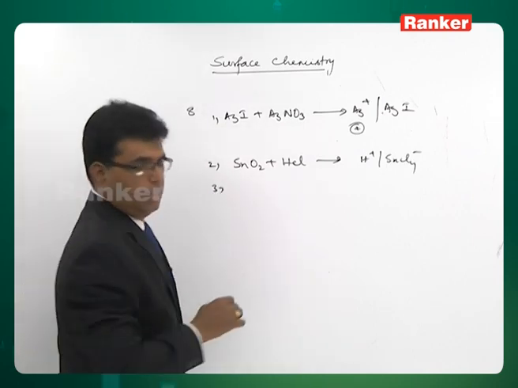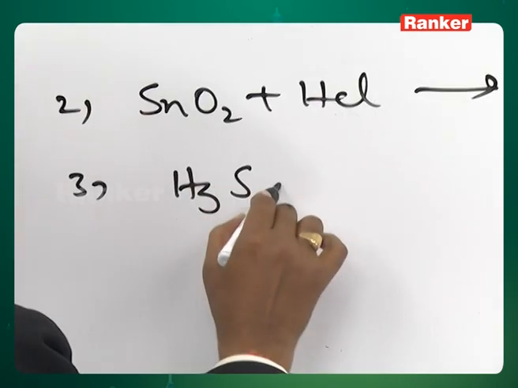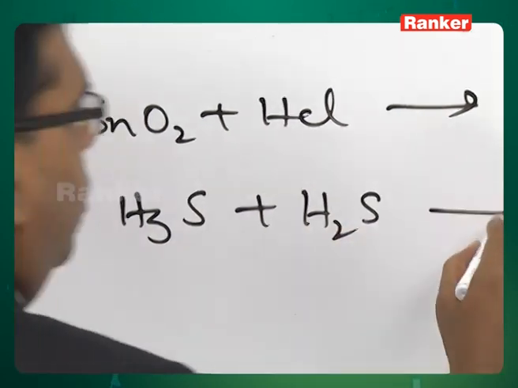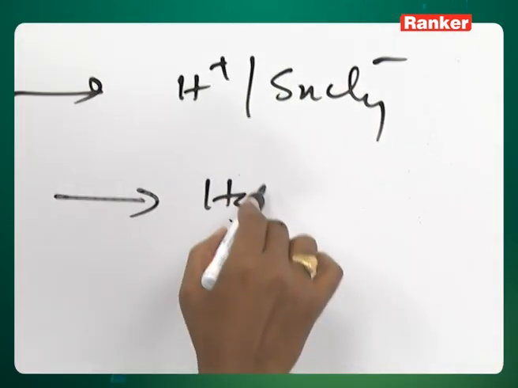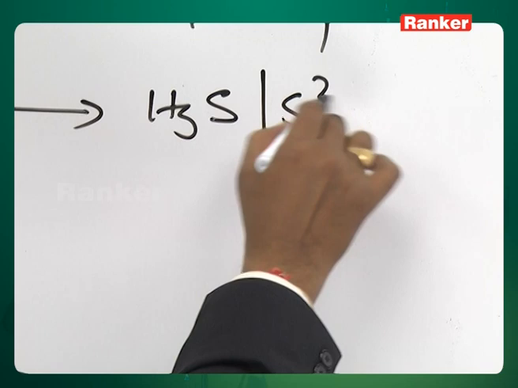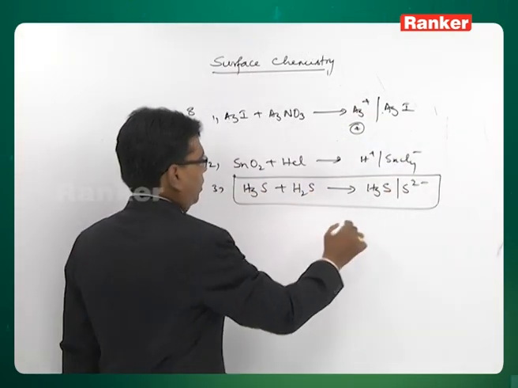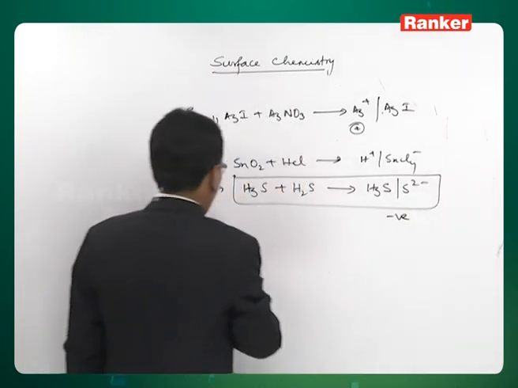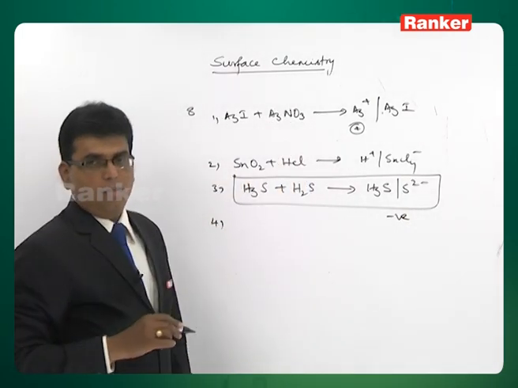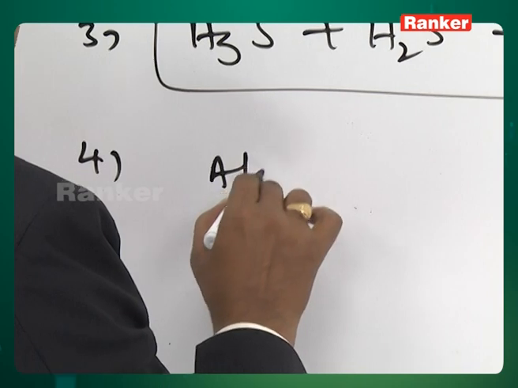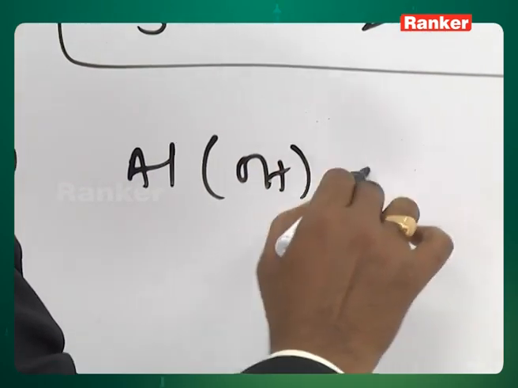The third one is H2S. Here what you will get is HS and S2 minus, so you will get a negative sol. The fourth option is Al(OH)3 with HCl.